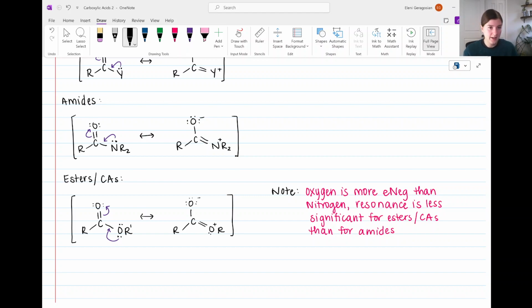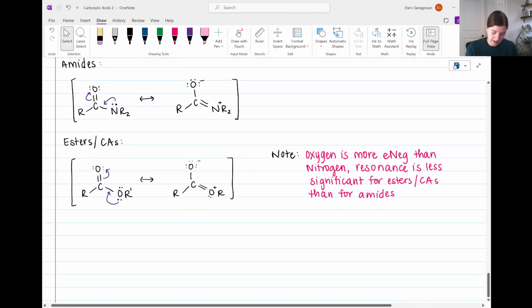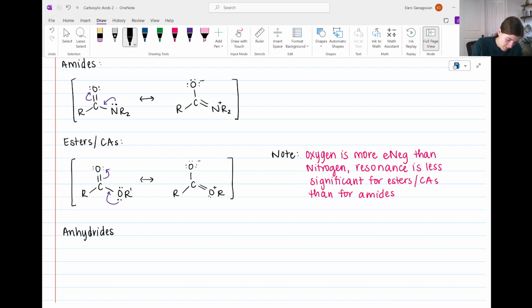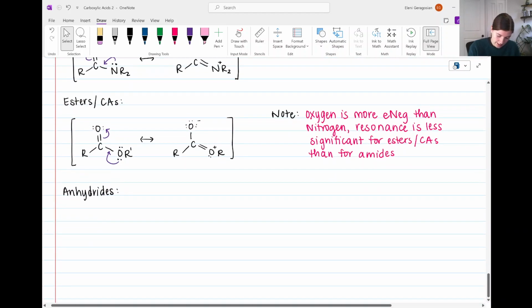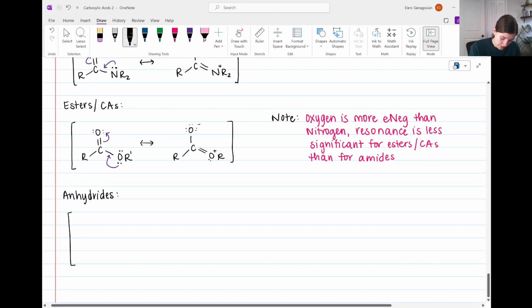Okay, let's continue on, and we will move to anhydrides now and compare reactivity. So in an anhydride, drawing out the general structure, we have the acyl group bonded to an oxygen, which is bonded to another acyl group.